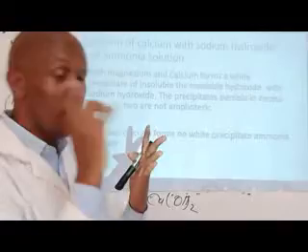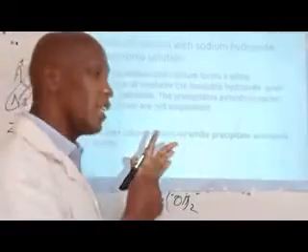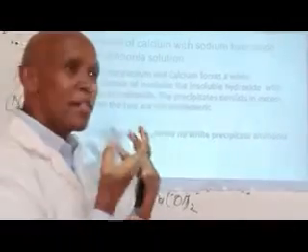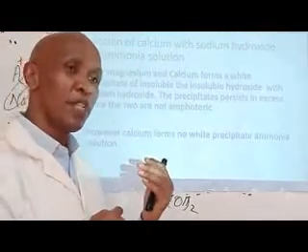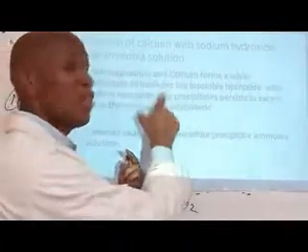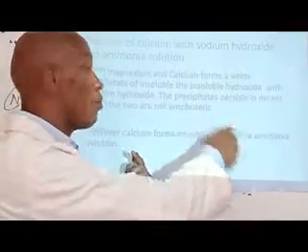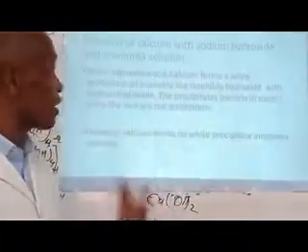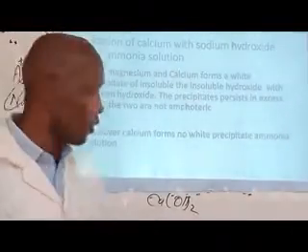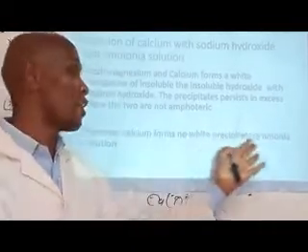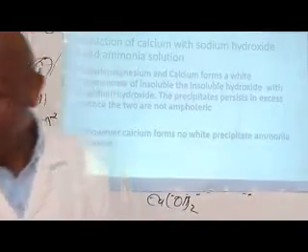Those two will form a white precipitate that persists in excess. But when you now add ammonia solution, calcium will not form a precipitate. Why? Because it is slightly soluble, but magnesium hydroxide is almost insoluble. So calcium hydroxide is actually more highly soluble. It will not form a precipitate with ammonia solution.